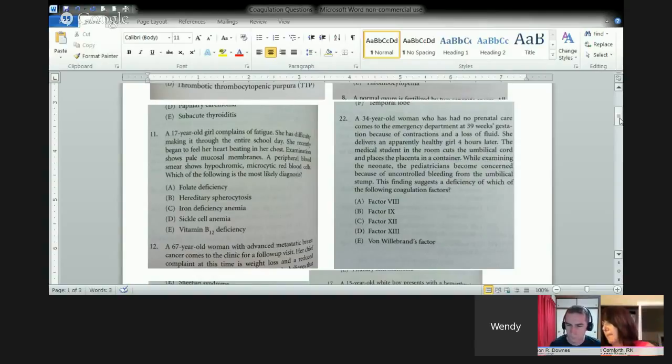Okay, we're at 2 minutes. So hemophilia A is factor 8, and there's actually a hemophilia C. It's actually factor 11.